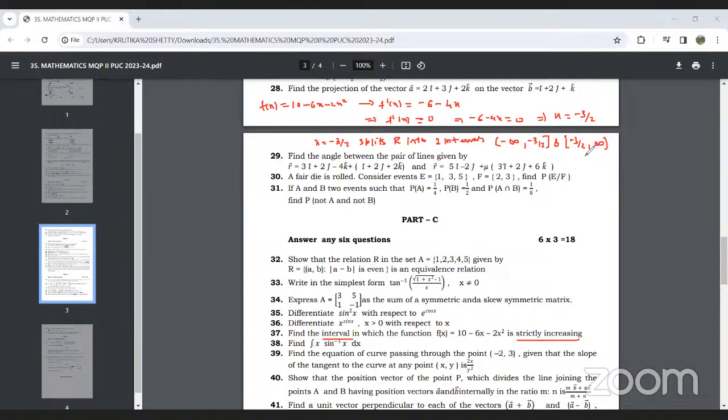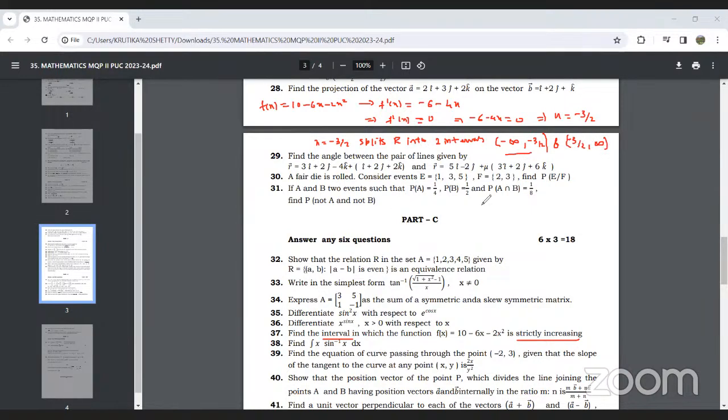And since they are asking strictly increasing, we don't get the closed interval here, we get both the open intervals. So these are the two intervals: the first interval is minus infinity to minus 3 by 2 and minus 3 by 2 to infinity.